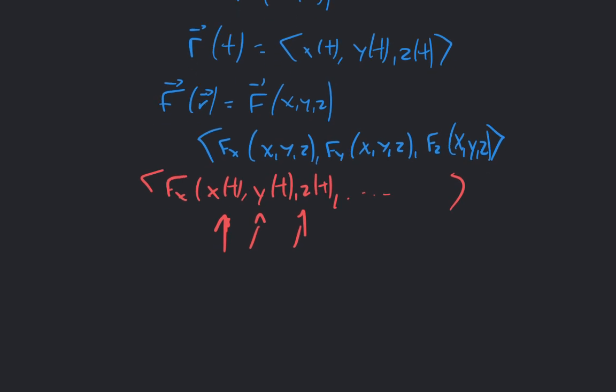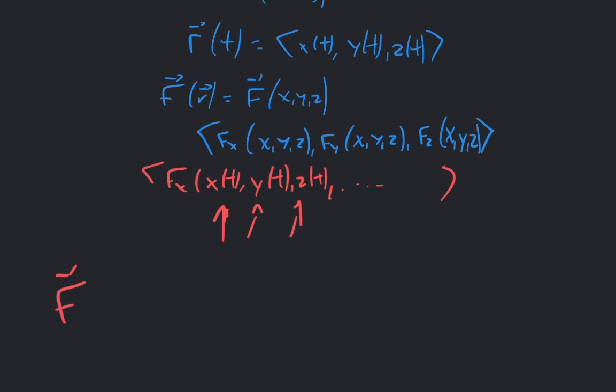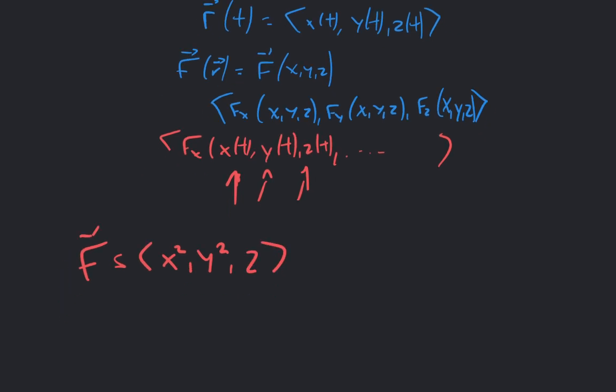So for an example, if we have f equal to x squared, y squared, z. Let's do that. And we have r equal to cosine t, sine of t, and t.